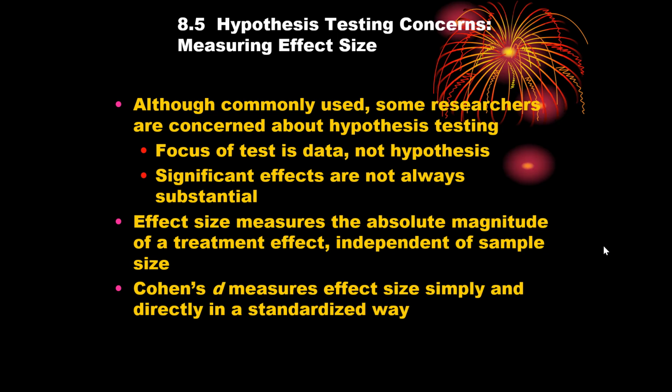So a type of effect size, Cohen's d, measures effect size simply and directly in a standardized way. And I just want you to be aware that there are these different tools out there that more directly get at the impact of the IV influencing dependent variables.